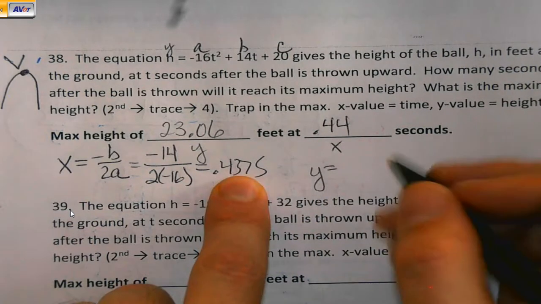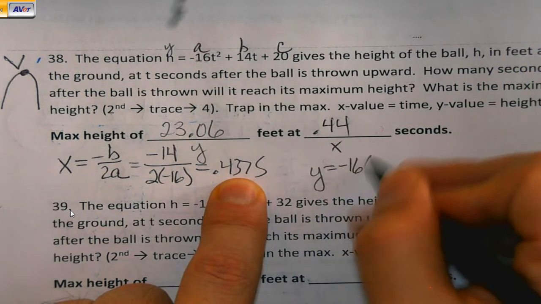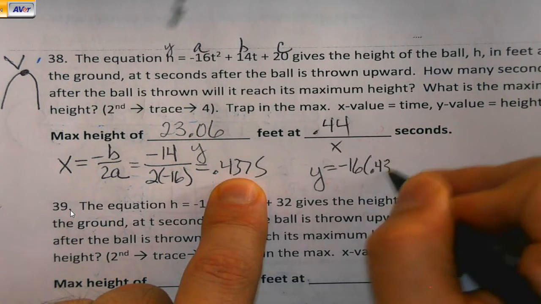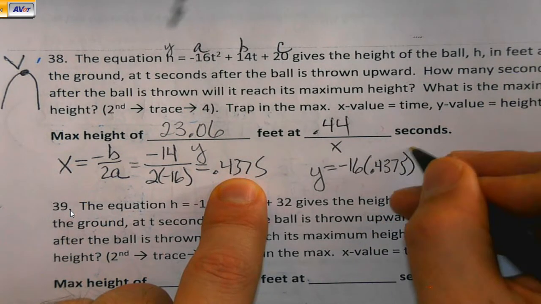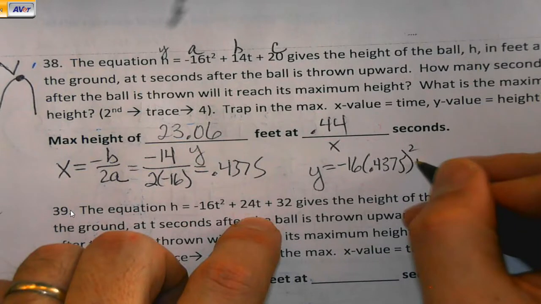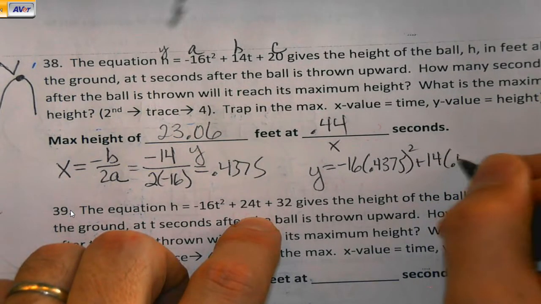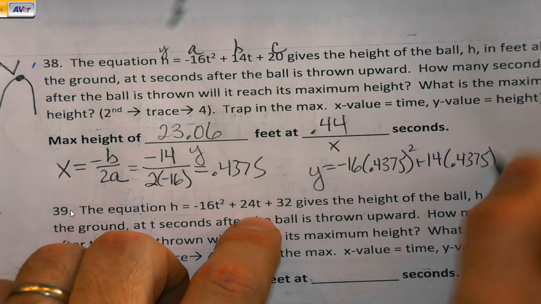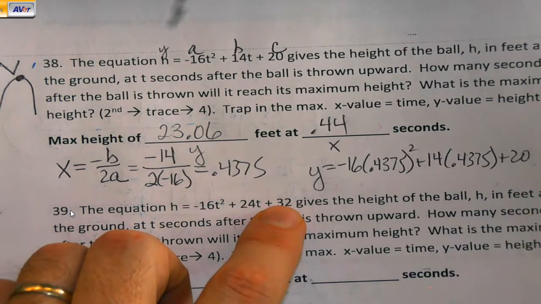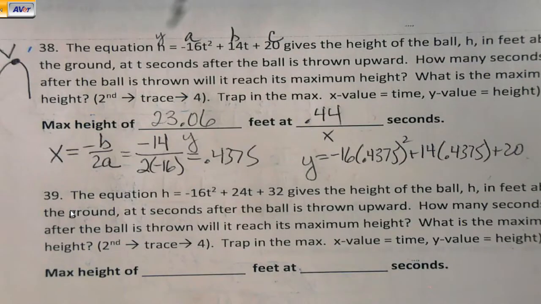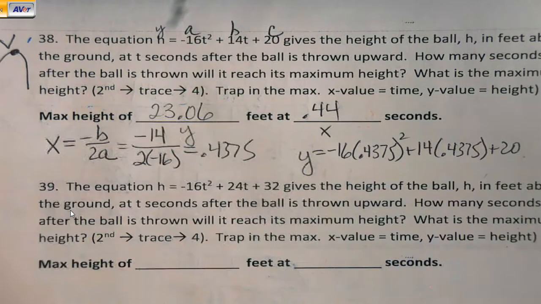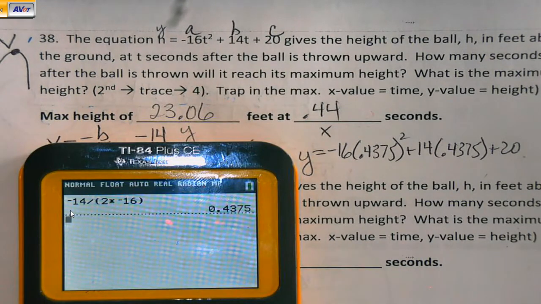One way I could plug this value in every place that I saw a t up here. And then I just grab my calculator and type it in.